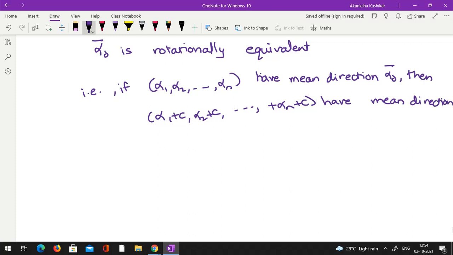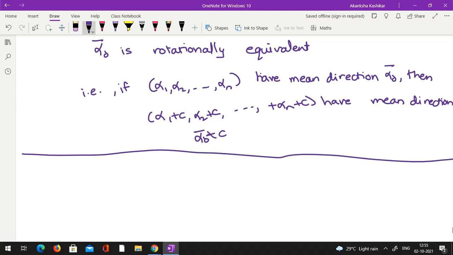The shift is exactly parallel and exactly the same, so we will get the same direction even if we change the measurement system. Hence this sample mean is useful here, unlike the usual sample mean. Okay, so this is how the circular sample mean is defined.